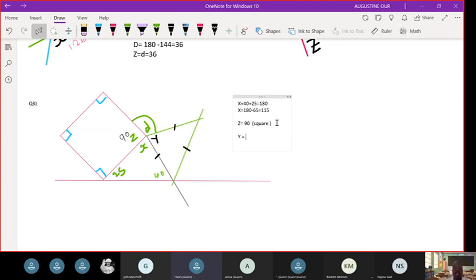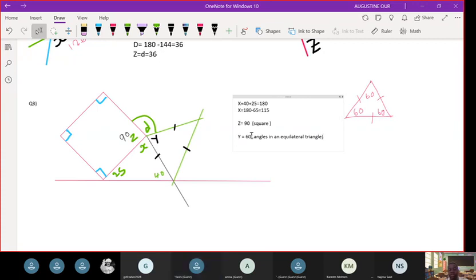If you have an equilateral triangle, let me draw one. The sides are all equal. So what about the angles? 60. Yes, so Y is equal to 60, right? What is the reason? Angles in an equilateral triangle.